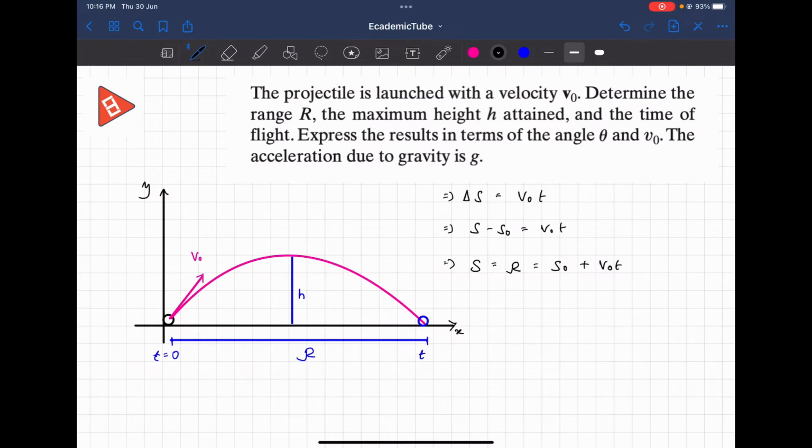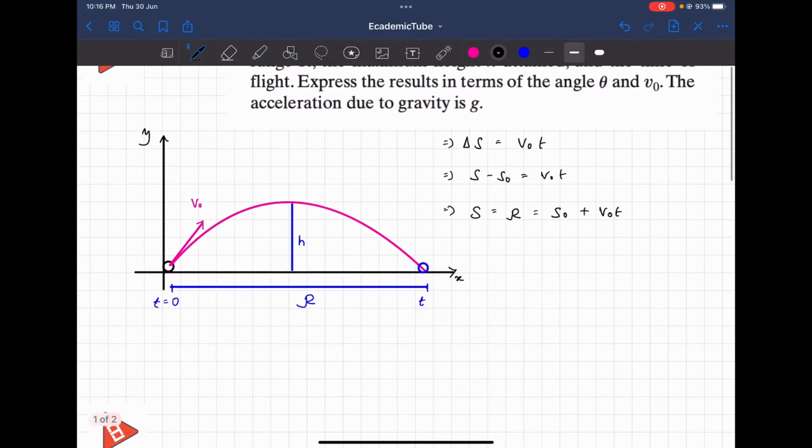So we can write range is equal to 0 plus the velocity.